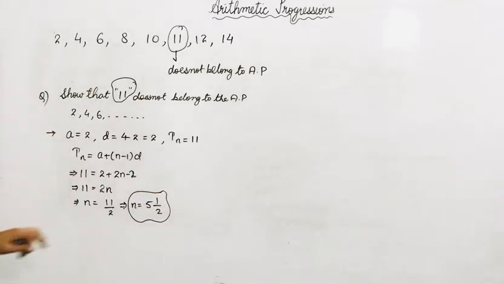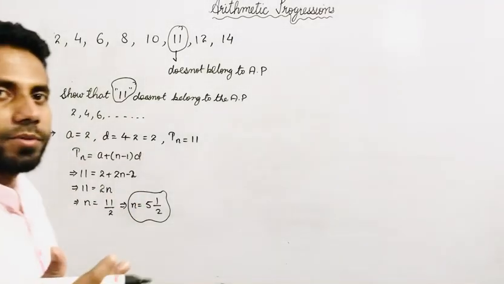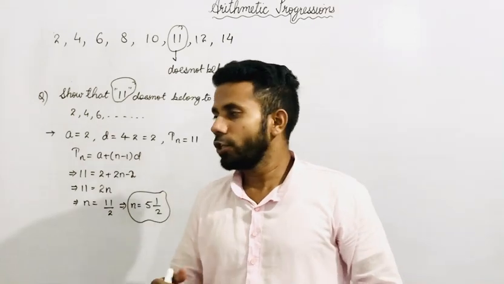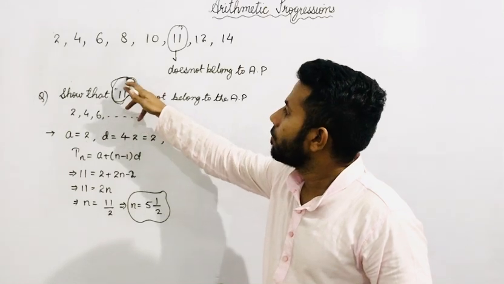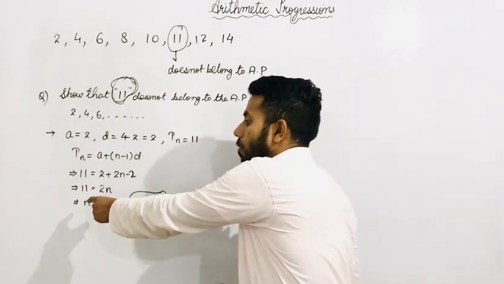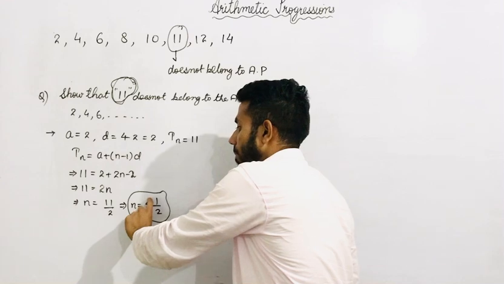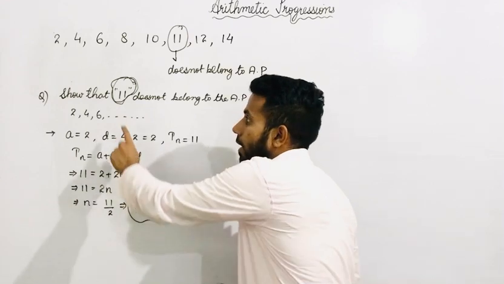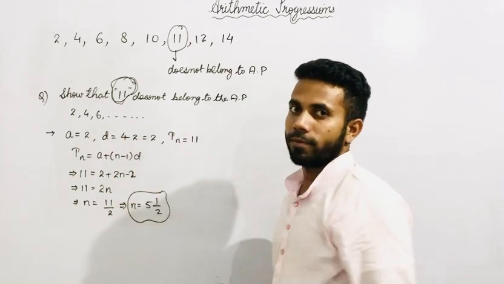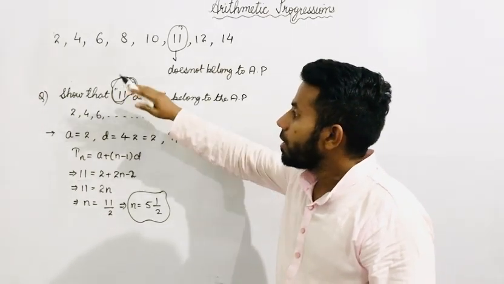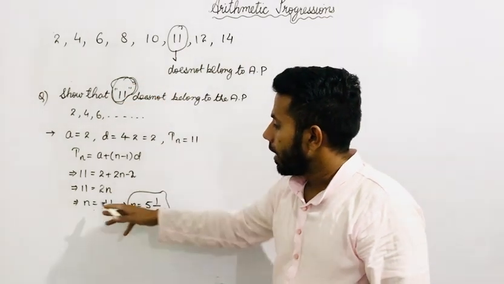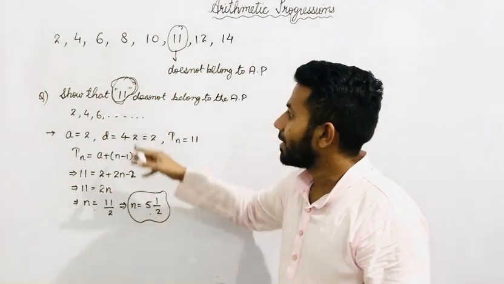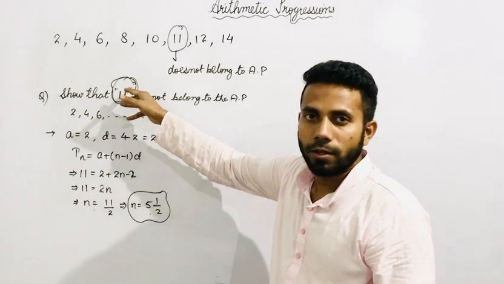Then what is the observation? The observation is, for any term of the AP, if the value of n comes a mixed fraction, then that term doesn't belong to that AP.